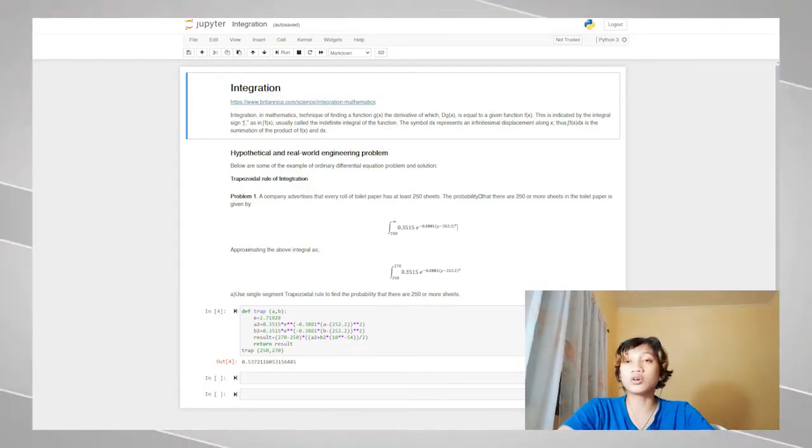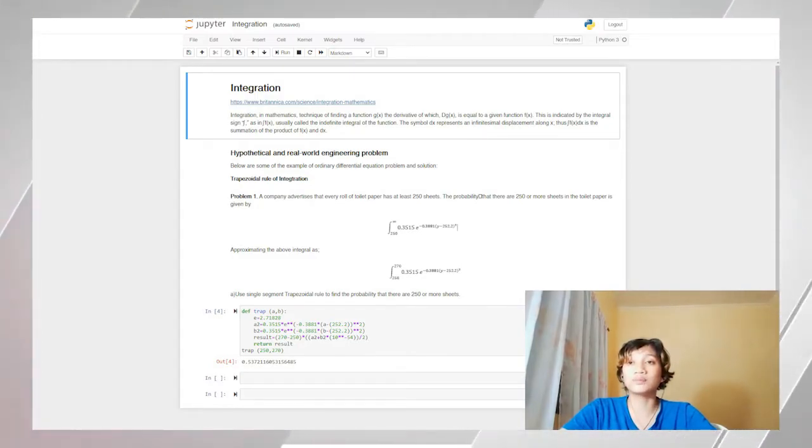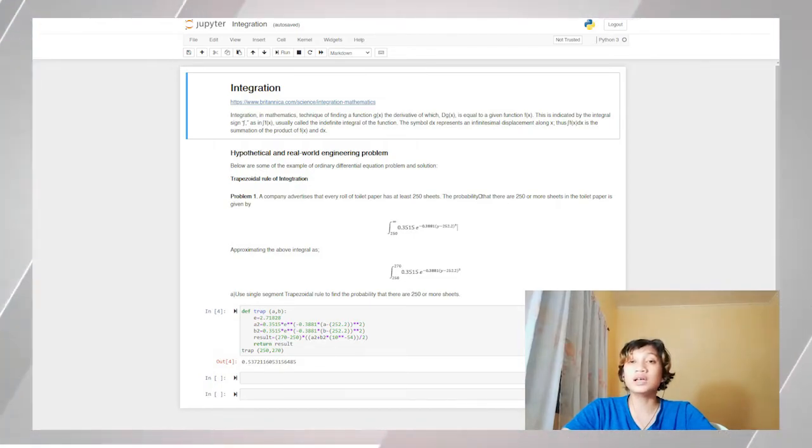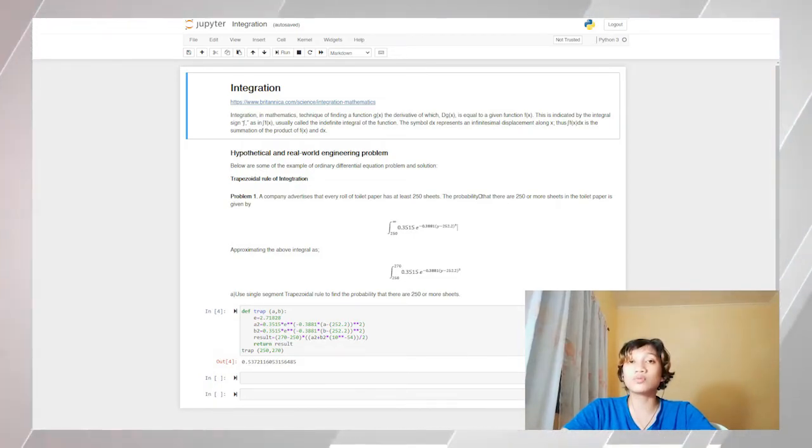Approximating the above integral as the integral from 250 to 270 of 0.3515e raised to negative 0.3881 times (y minus 252.2) squared, use the single segment trapezoidal rule to find the probability that there are 250 or more sheets.